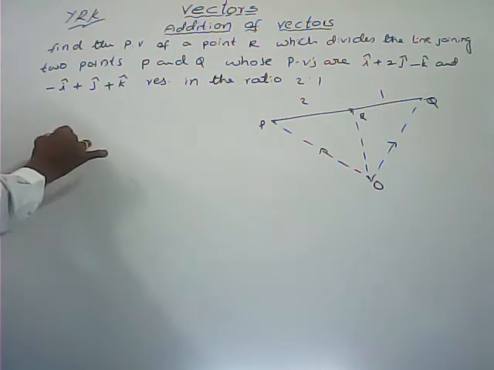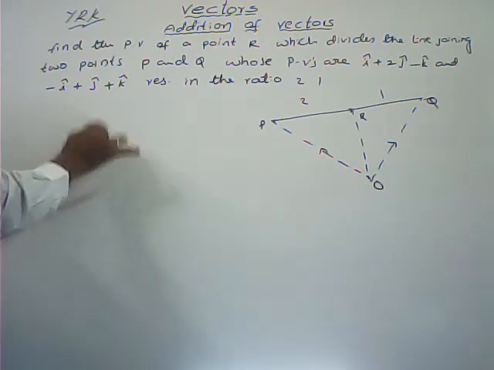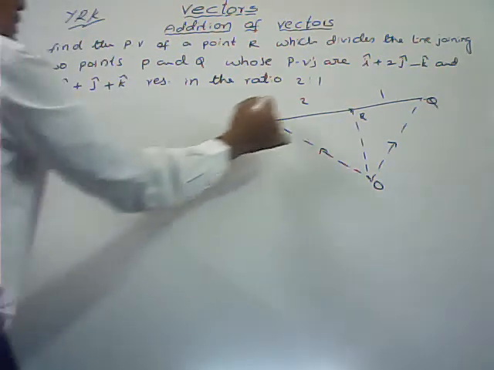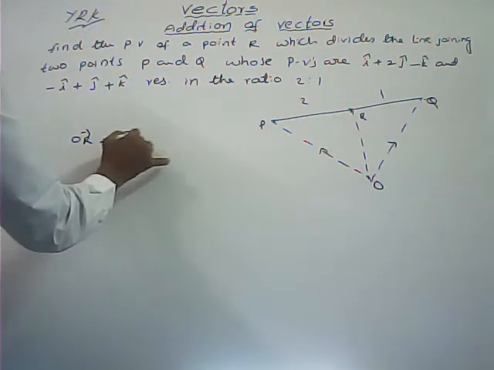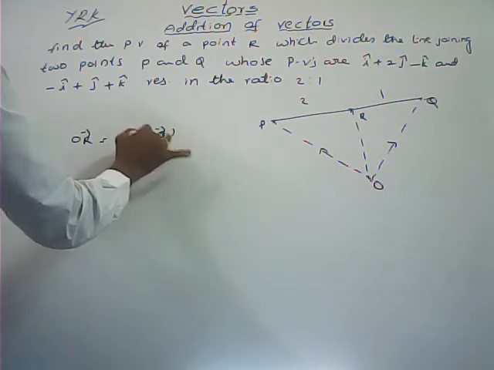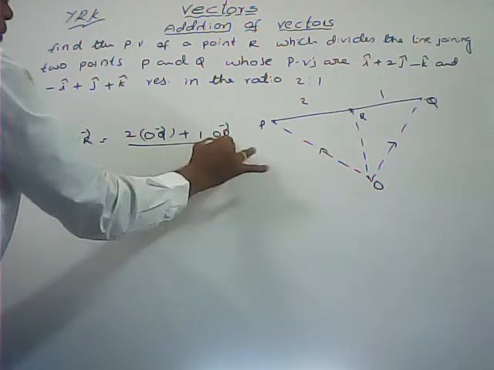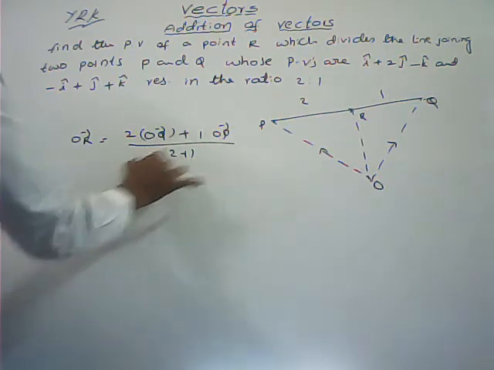Now OR bar, the position vector of this one, OR bar, that is equal to 2 into OQ bar plus 1 into OP bar whole by m plus n, that is equal to 2 plus 1.